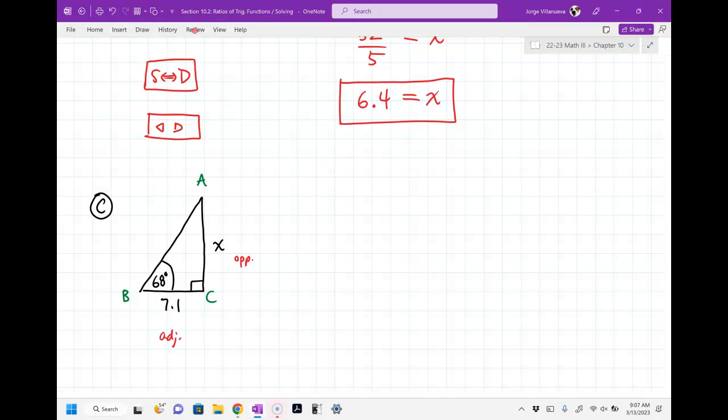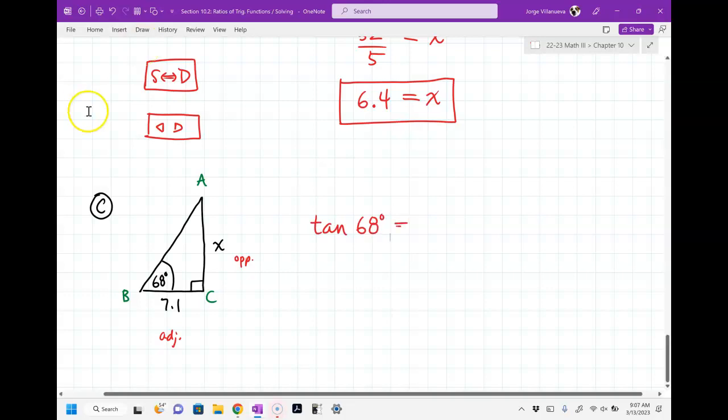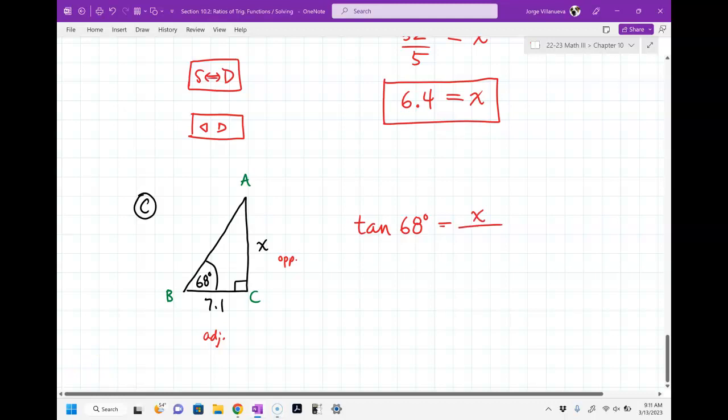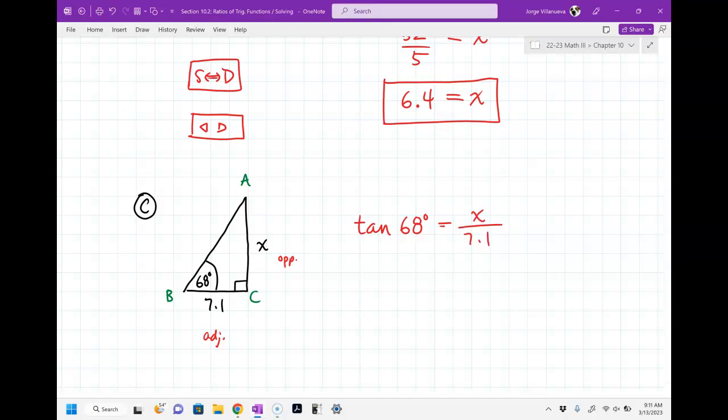So that's TOA, right? Tangent is opposite over adjacent, right? So tangent of my angle, 68 degrees, is opposite. So tangent 68 is equal to x over 7.1. Find tangent of 68 on your calculator.